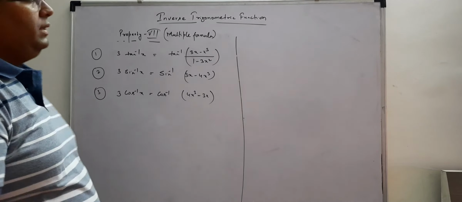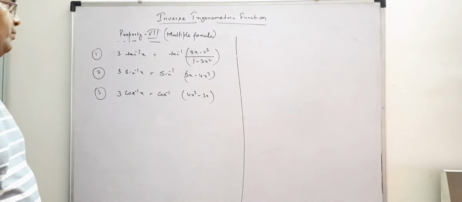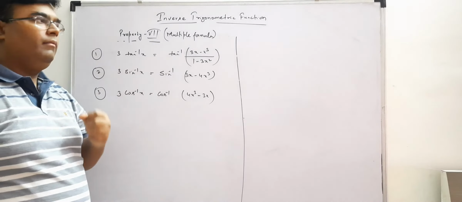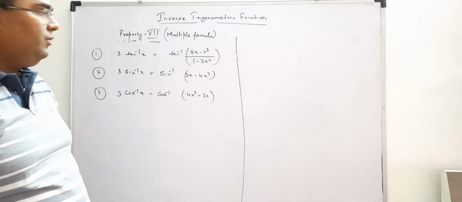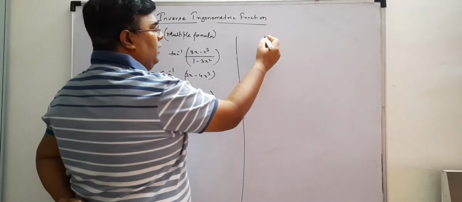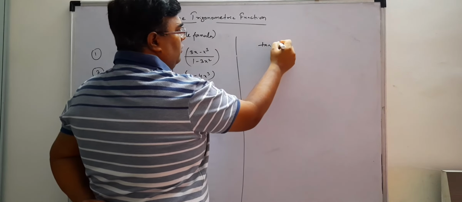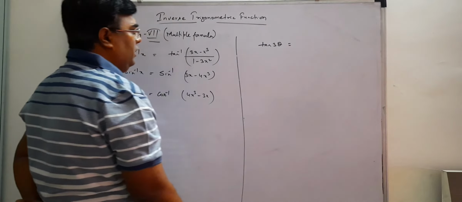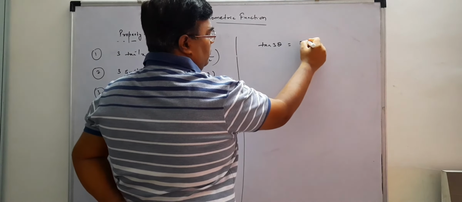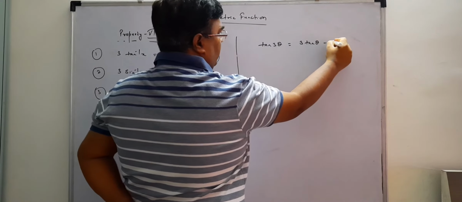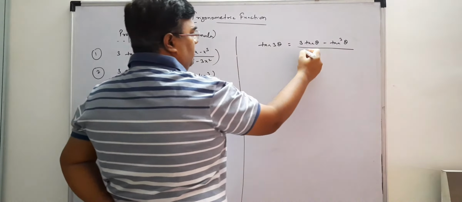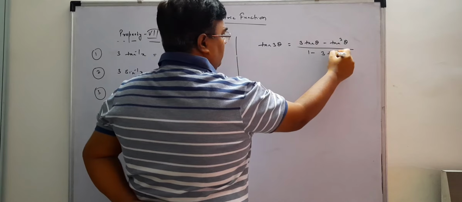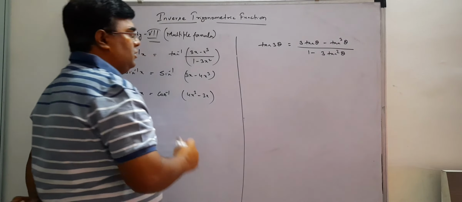Okay, let us extend our multiple formula to a multiple of 3, right? We can use the 3 theta formula. For example, we have tan 3 theta is equal to 3 tan theta minus tan cube theta upon 1 minus 3 tan square theta.